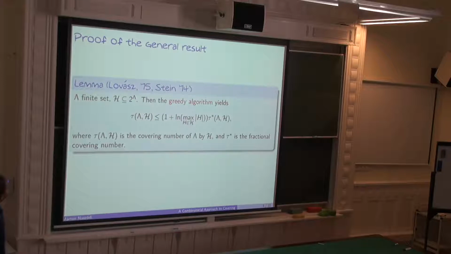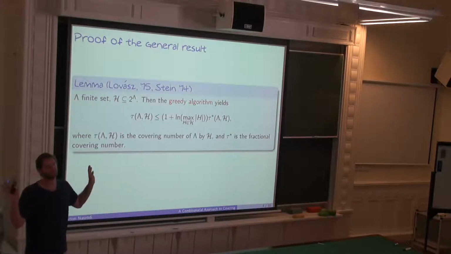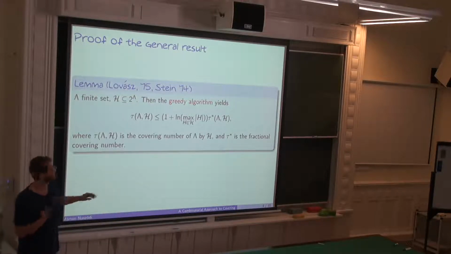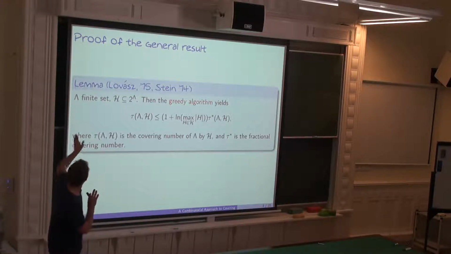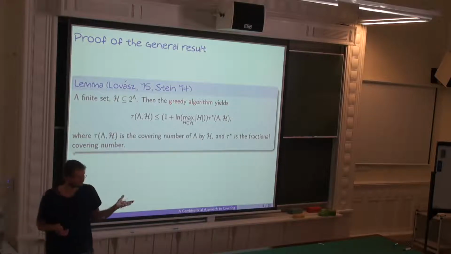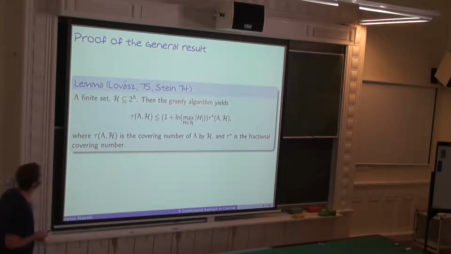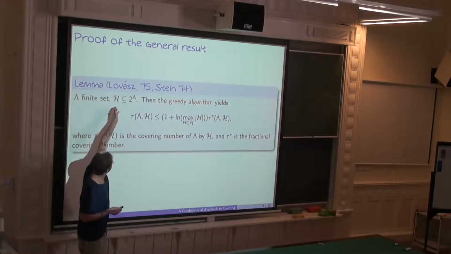So here is the key to this result. It's a purely combinatorial result. So forget geometry. There are no sets, no R^d, no nothing. There is just a finite set lambda and a family of subsets of this set, and we want to cover our set with this family.